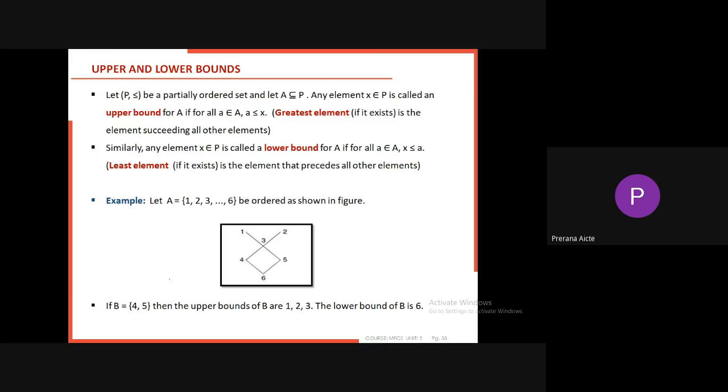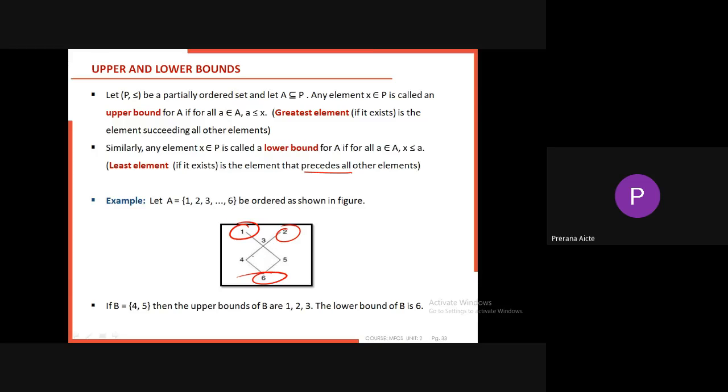That means it will be on the top in the diagram. If you see this one, these are going to be your upper bounds. And the lower bound is the element that precedes all other elements. Preceding means the starting element. So here this is the lower element that we are going to consider, that is going to be the lower bound.